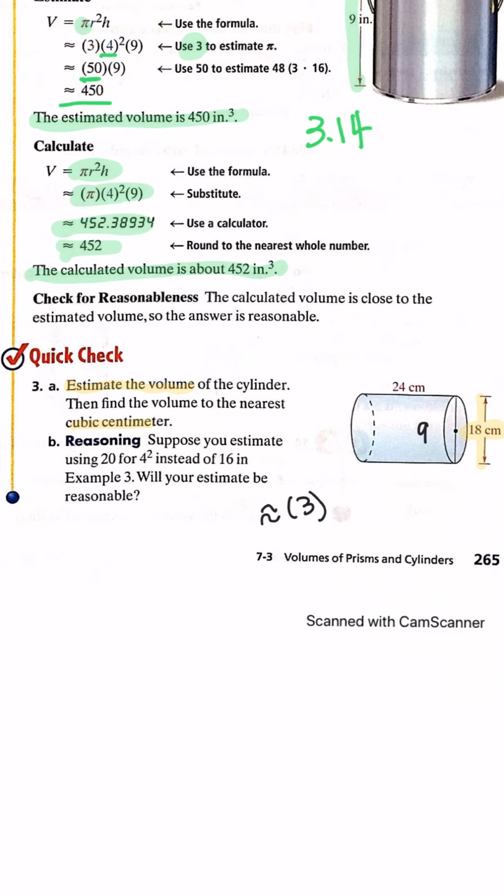We're going to do the little wiggly equals. 3 times 9 squared times the length, which is 24. So first 9 times 9, 81, times 24 times 3 is going to be 5,832.